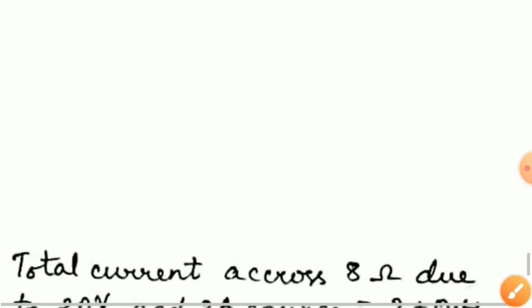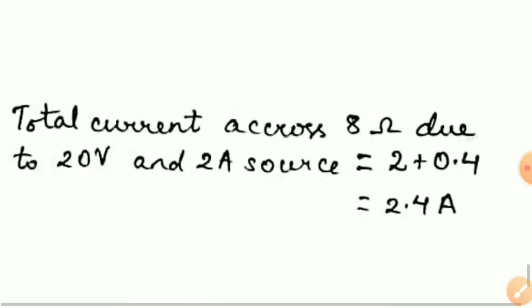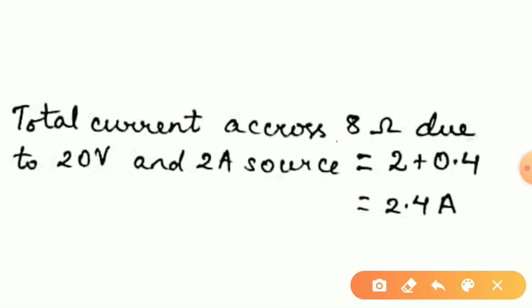The last step is to find the total amount of current flowing in 8 ohm because of both the sources, that is the voltage source of 20 volt and the current source of 2 ampere in the circuit, which will be equal to 2 ampere plus 0.4 ampere, which is equal to 2.4 ampere.